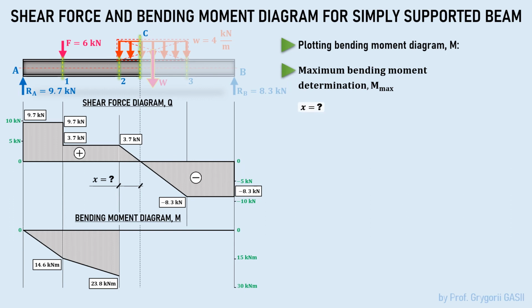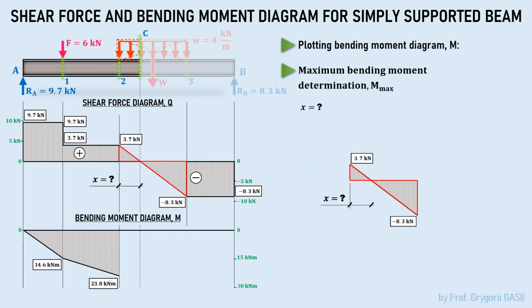Let's find it. For this, the triangle similarity is used. Consider the part of the shear force diagram between sections 2 and 3, that is where point C is located. On the design model, this part of the shear force diagram is colored in red.